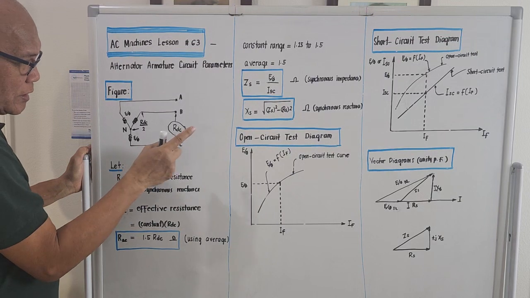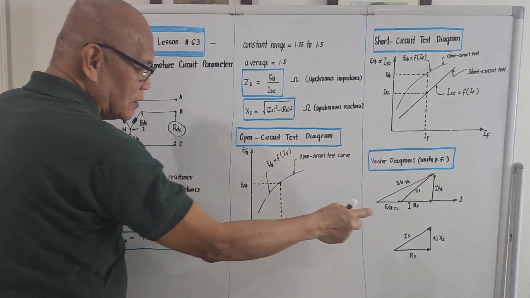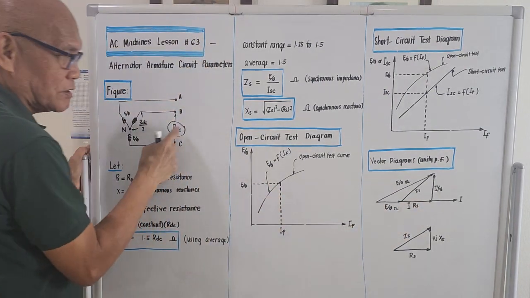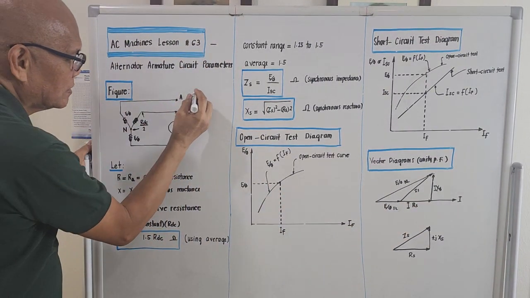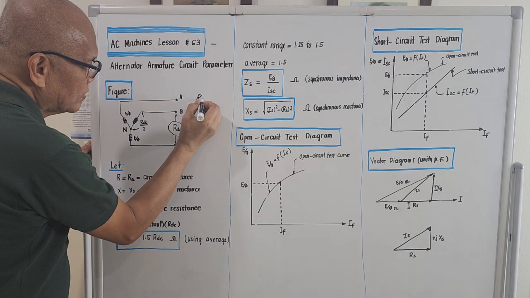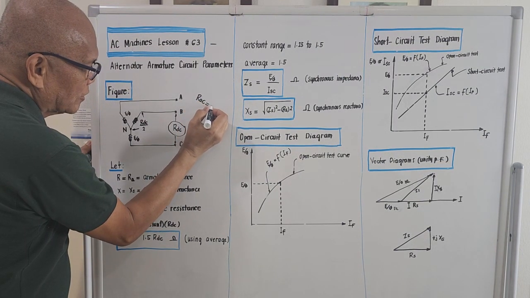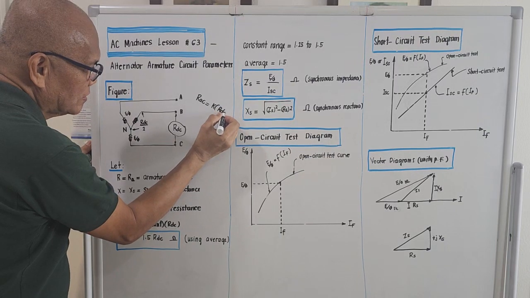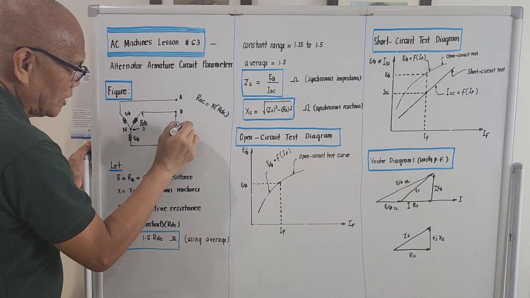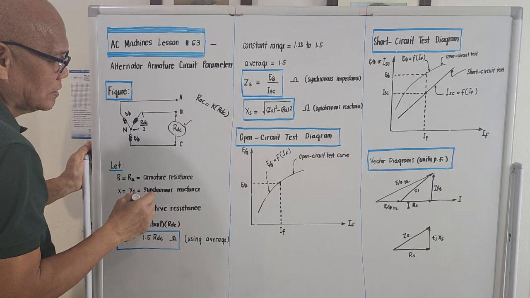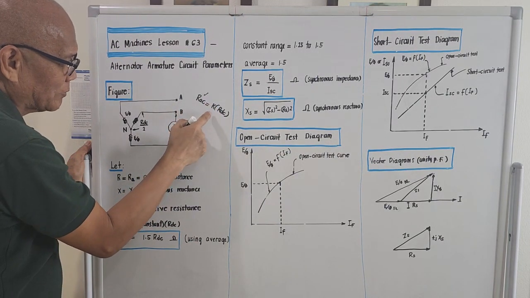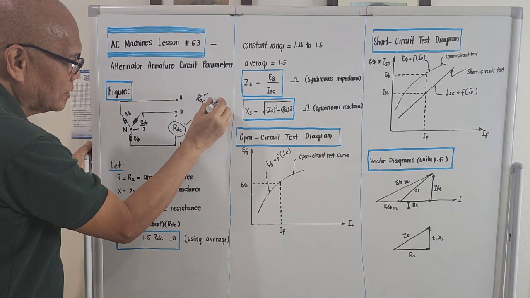The resistance that is needed in the computation of this IR drop is not actually R DC, it's actually R AC, and there is a certain constant K times R DC. So if we could determine R DC here, we could compute for R AC by multiplying by a certain factor K.